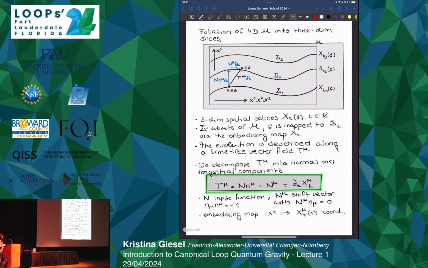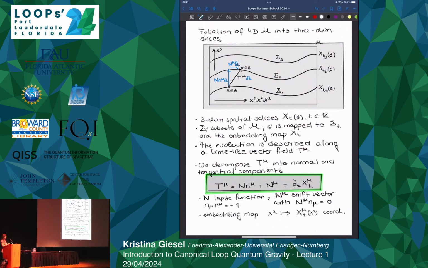So what we do is we slice our 4-dimensional spacetime, curly M here, into 3-dimensional hypersurfaces, which are embedded in M, which I call sigma 1, sigma 2, sigma 3. There is an embedding map which embeds sigma for each value of t into M, which I call X_t1 of sigma here, for instance.